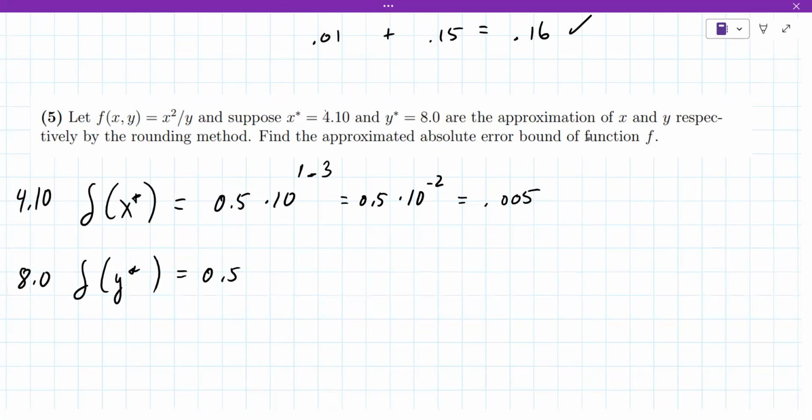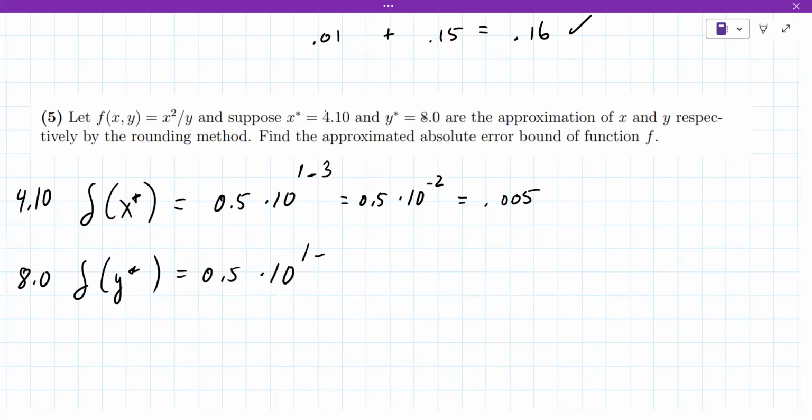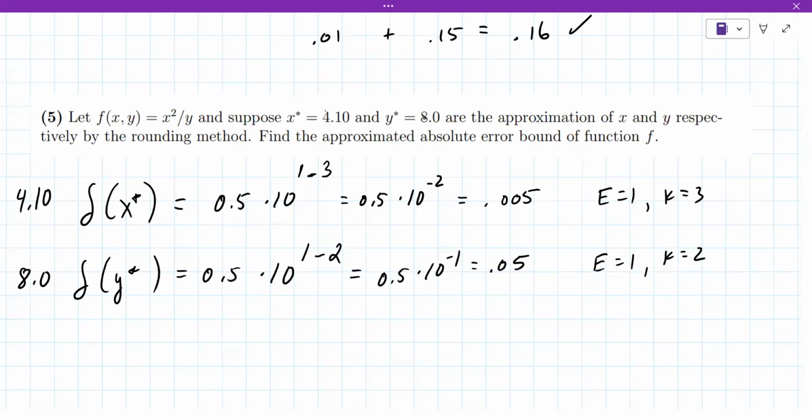It's 0.5 times 10 to the, well, 8 has one digit left of the decimal, that's the E, minus 2 significant digits, 0.5 times 10 to the minus 1. So E equals 1, K equals 3, E equals 1, K equals 2.